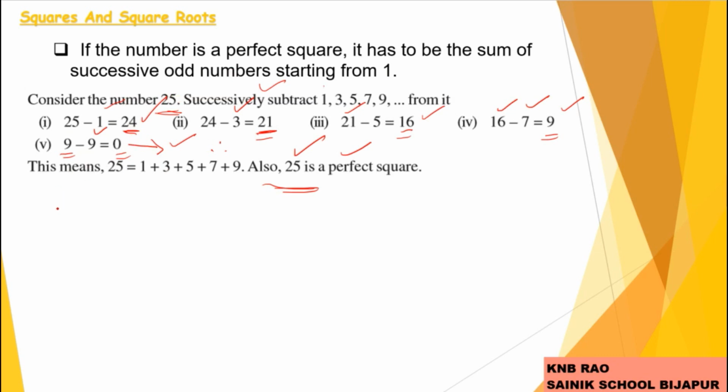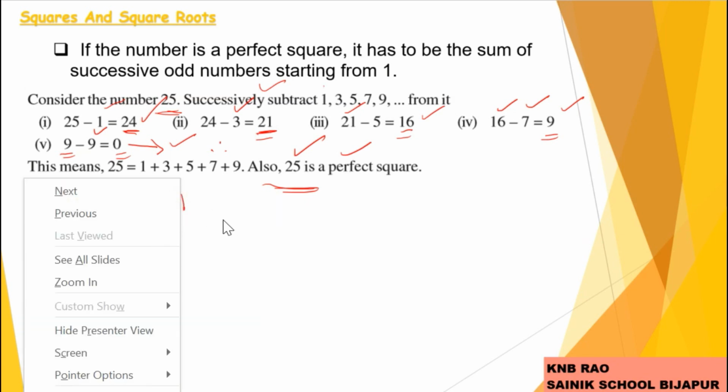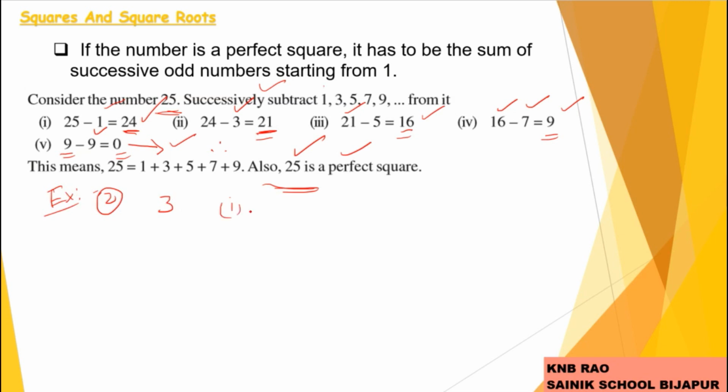You can take another example. Let me consider 31. In this case, I will subtract from 31 the first odd number 1, which gives 30. Next, I subtract the second odd number from 30, which gives 27.